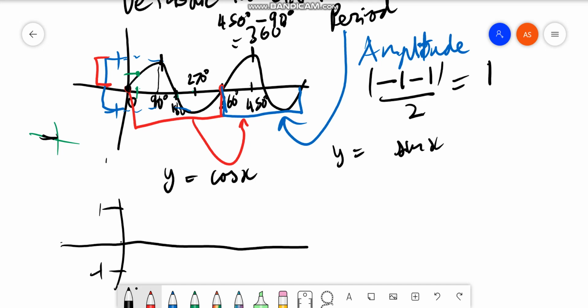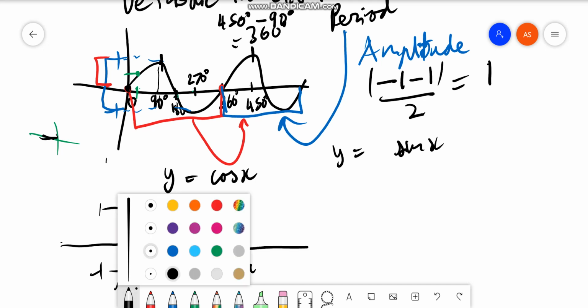Cos 0 is 1. So this is pi, so I'm going to do it in radians. This is pi, this will be 2 pi.